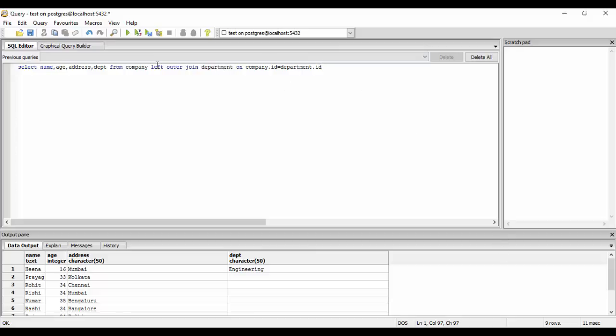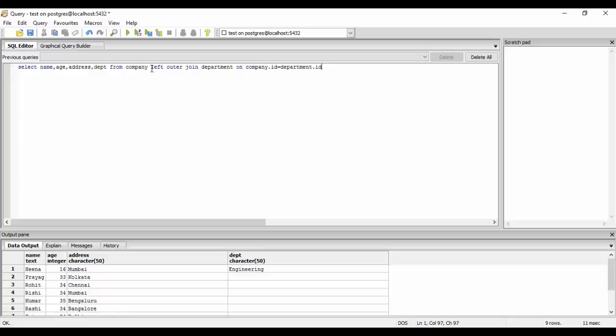A very easy way to remember this is that anything on the left, like the company table here, its detail is going to be fully displayed, and for the table on the right side, the department table, if the condition does not match in any situation, then these values would be filled by null.